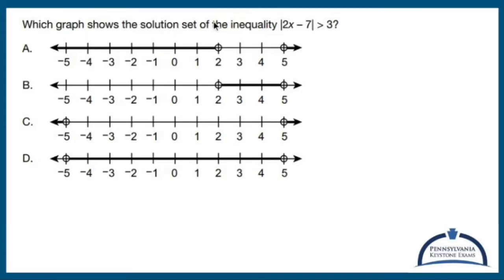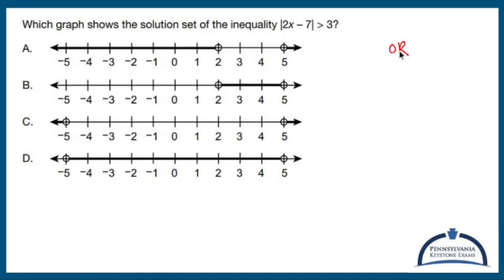Which graph shows the solution set of the inequality, the absolute value of 2x minus 7 is greater than 3? Whenever you have an absolute value and a greater than symbol, two major things happen. First off, whenever you have a greater than or a greater than or equal to, you are going to have the word or in between two other inequalities.